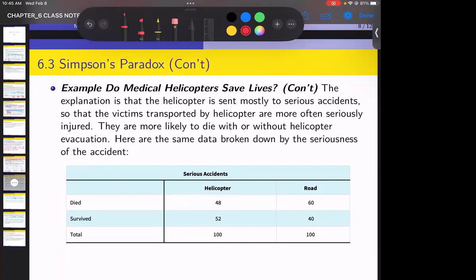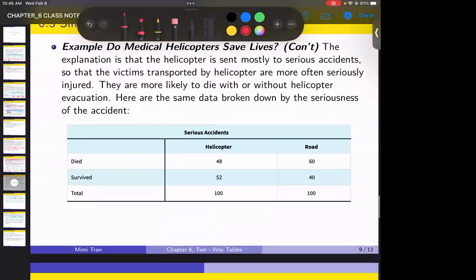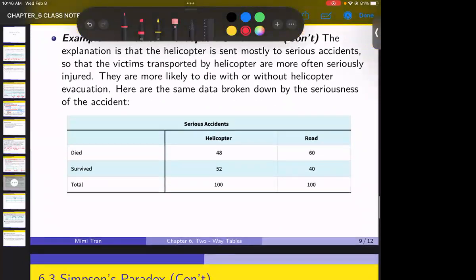You need to get to the hospital as soon as possible, as opposed to regular road transport. So let's look at the percentage who die here with helicopter: 48 divided by 100, that's 48%. Versus road transportation, 60 divided by 100, 60%.